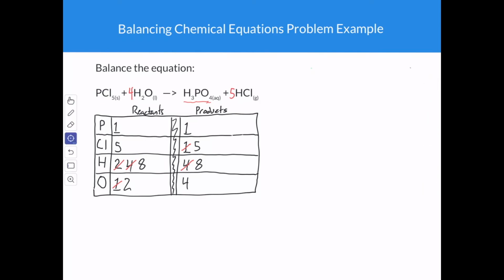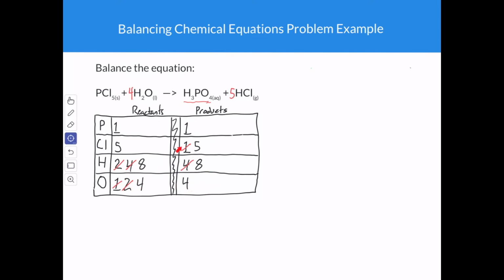Again, since we changed a 4 here, we need to address the oxygen. So now we have 4 oxygens. Okay, well that helped us out because it not only altered our hydrogens and got them balanced, but it actually ended up balancing the oxygens.